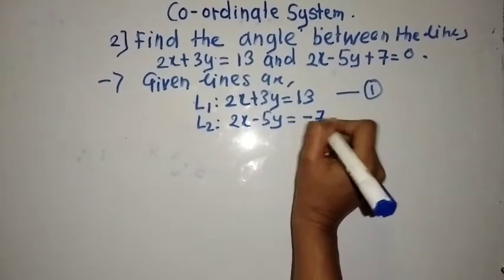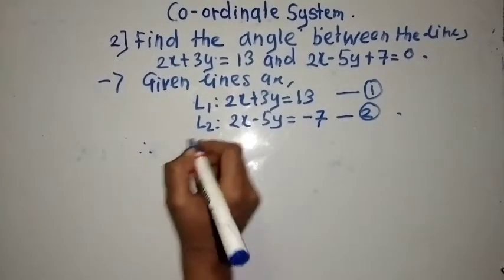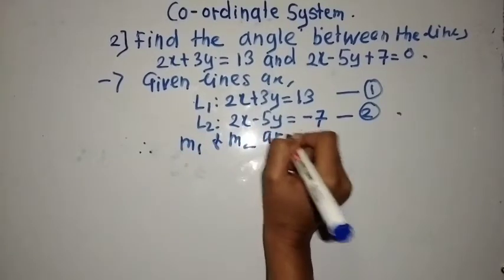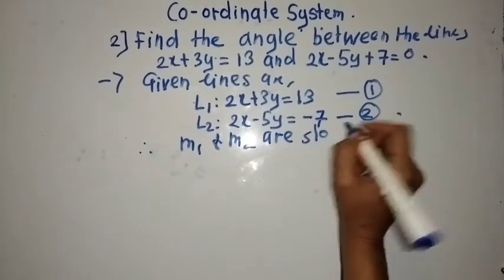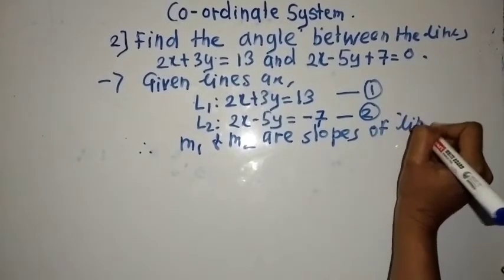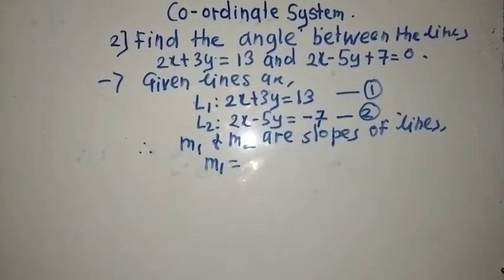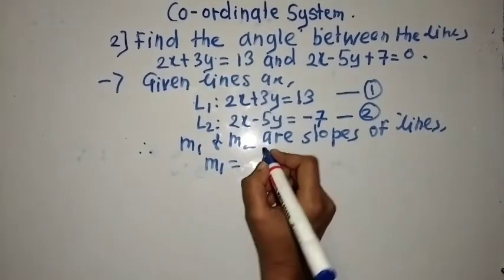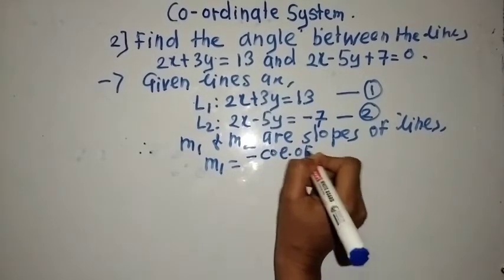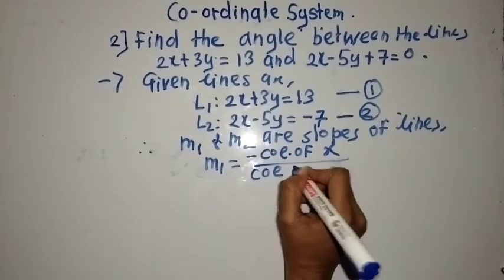If M1 and M2 are the slopes of the lines, then M1 is equal to minus coefficient of x upon coefficient of y.